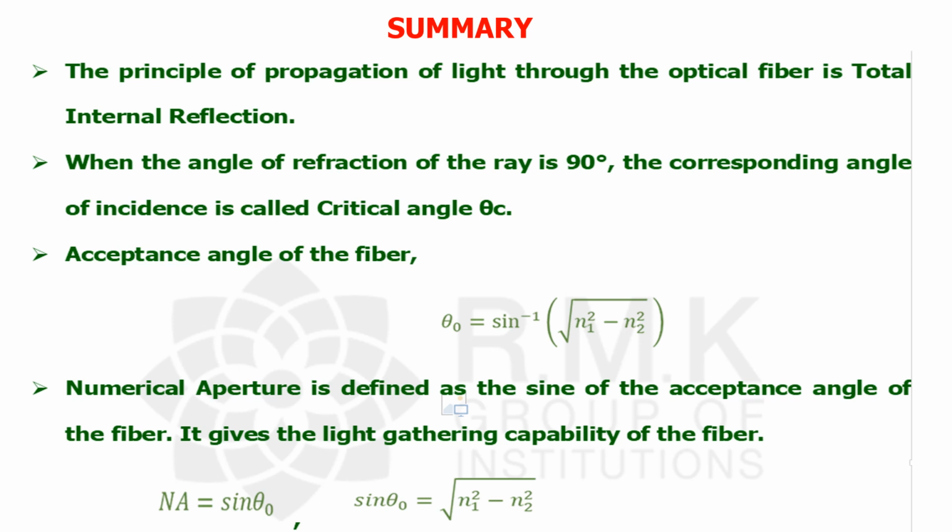Here we are assuming the outside medium to be air, so n naught is treated as 1. The numerical aperture is defined as the sine of the acceptance angle of the fiber. So it gives the light gathering capability of the fiber. So NA can be written as sine theta naught. So this is the summary of what we have learnt.